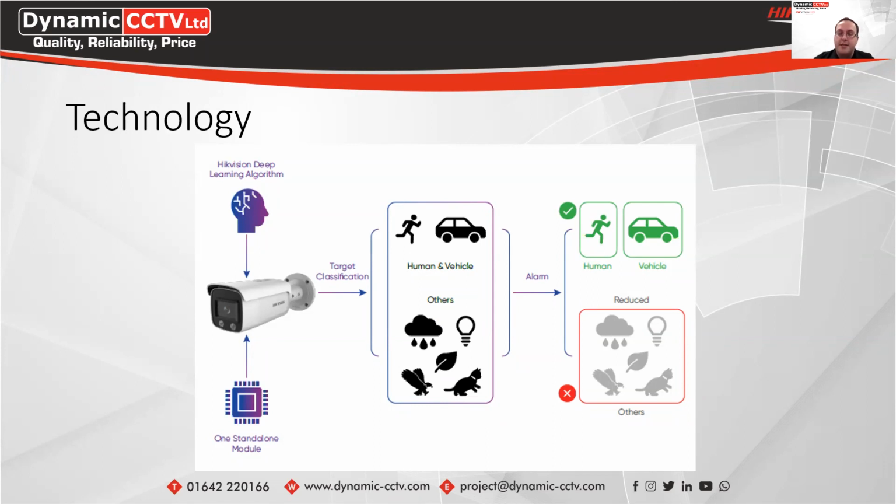When you have an Acusense camera, you can actually configure it on the MVR, so you can actually set your tag classification within the MVR. There isn't a need to log into the web front end to do the configuration or anything like that. And you can see there that it's primarily aimed at reducing false alarms from either the weather, animals, bushes, anything like that. The camera will try and filter those out from the technology.